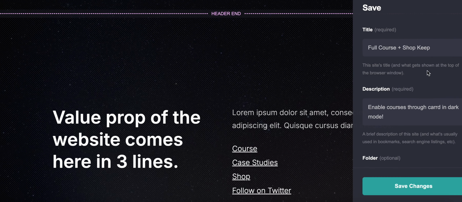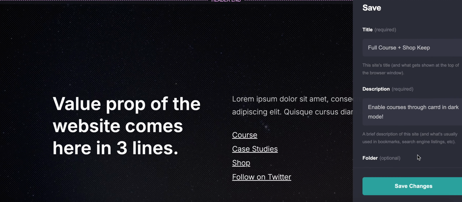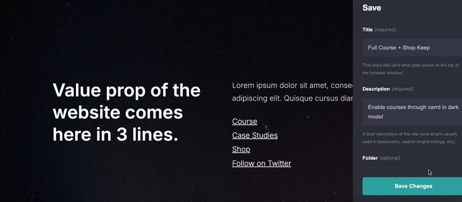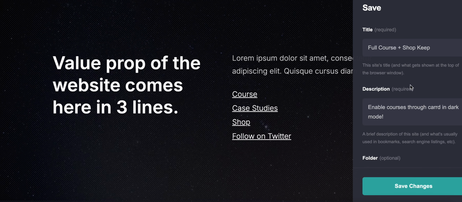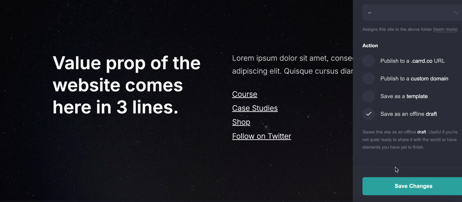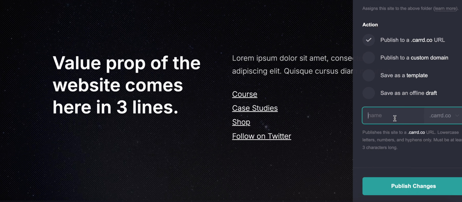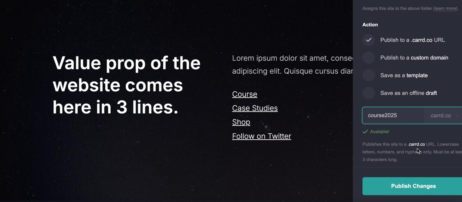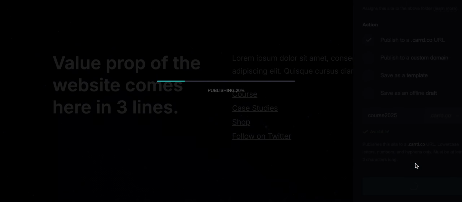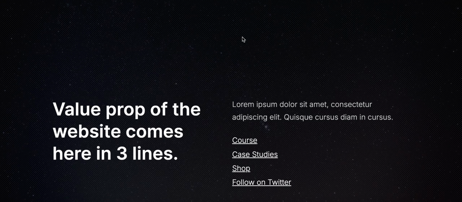We're going to change down here. We're going to publish this to a card URL. I'm going to call this temporarily, and it's available. We're going to publish the changes, and now you'll see this live, so at least I can show you what this looks like in the real world.